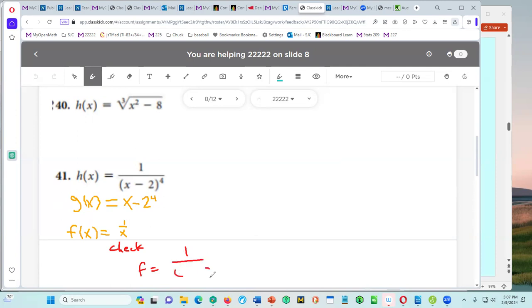And if the inside function is x minus 2 to the 4th, well, what is that? That's 1 over x minus 2 to the 4th, actually. Should I have just put the parentheses for the g of x? Yeah, exactly. Okay.